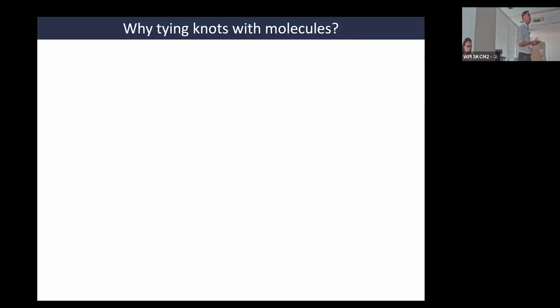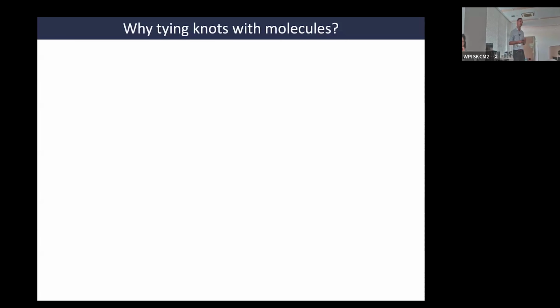It's actually quite interesting to point out that the field has never been driven by any idea that molecular knots would be of any use for anybody. It's been purely driven by curiosity, which is quite unique and is quite difficult to do in the modern landscape of science, where we always have to justify when we write research grants why we want to do this.